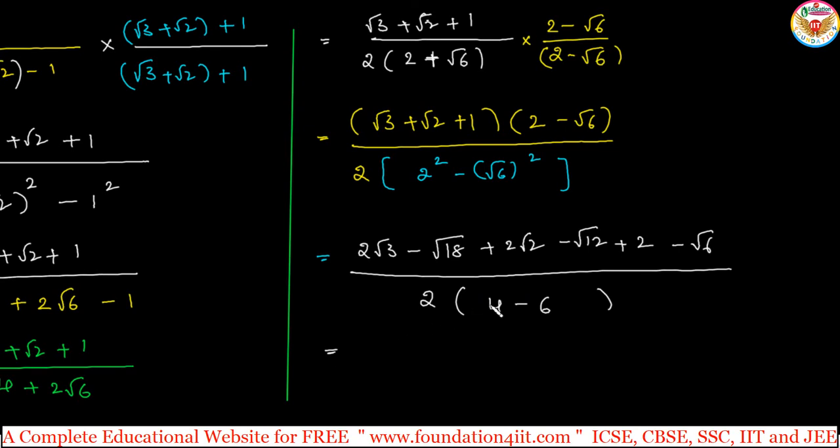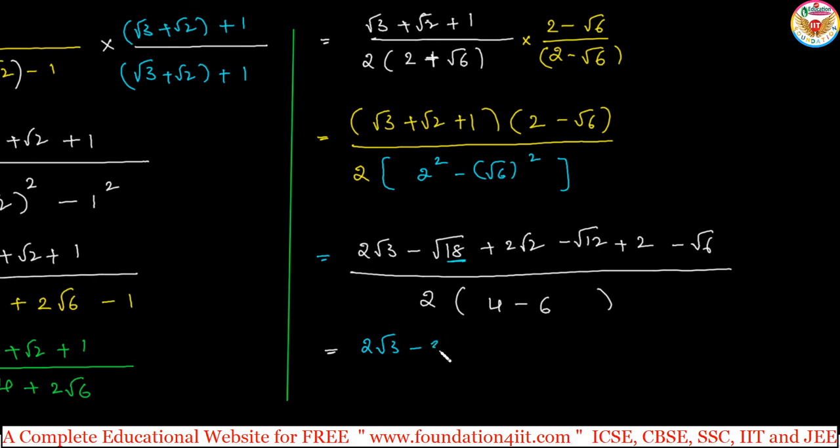So finally in the numerator, if there is any possibility of simplification, you can do it. Yes, root 12 we can simplify, root 2 is only one term. This is root 18. If possible, we can simplify the complete numerator. Now 2 root 3 is as it is, minus root 18. 18 I can write as 9 into 2, right? 18 is nothing but 9 into 2.